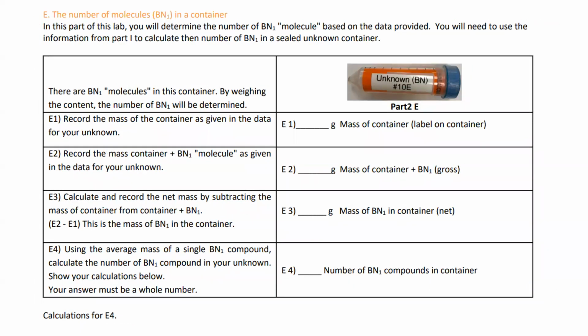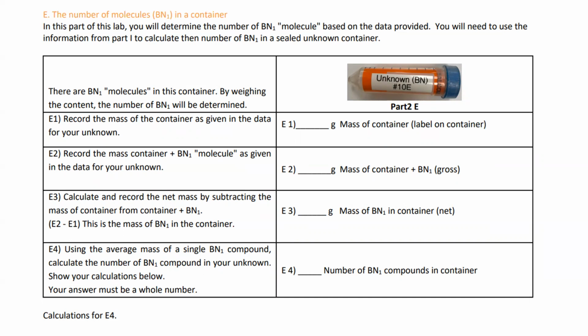Part E is going to be doing something very similar, but in this case, there wasn't just a number of hex nut elements. Now we're looking at BN1 molecules. So there's some number of BN1 molecules in an unknown container.